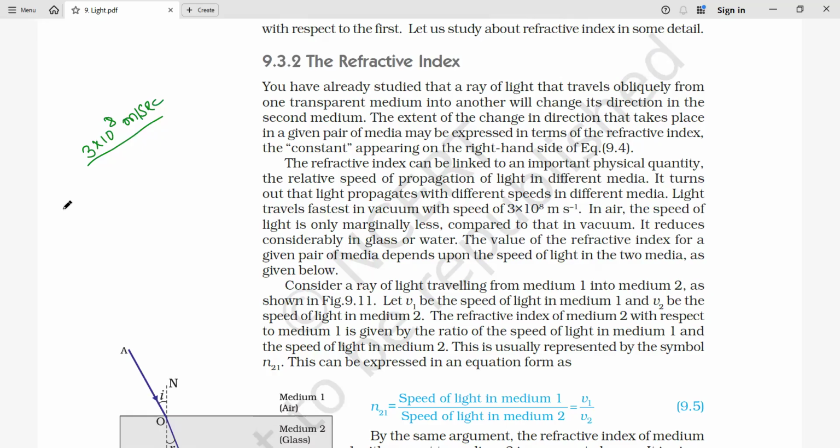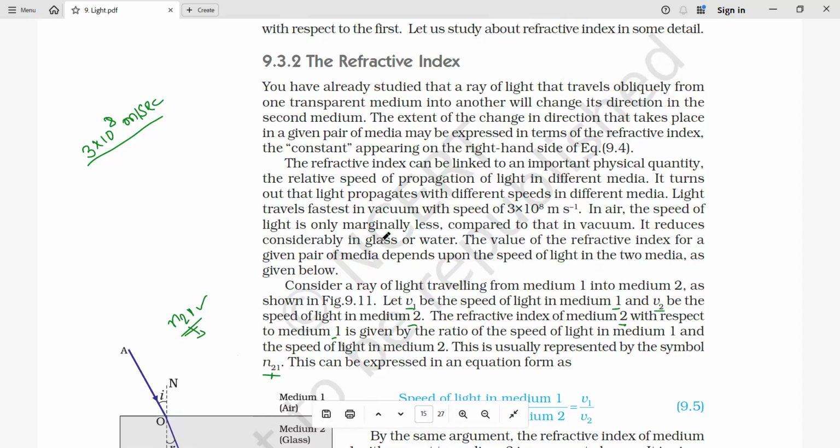So here V1 is the speed of light in medium 1 and V2 is the speed of light in medium 2. We are trying to find the refractive index of medium 2 with respect to medium 1, denoted by n21. Speed of light in medium 1 is kept in the numerator and speed of light in medium 2 is in the denominator.